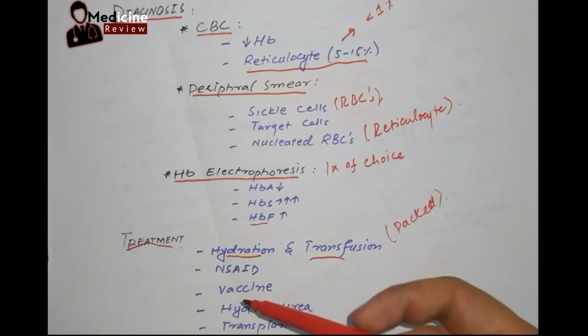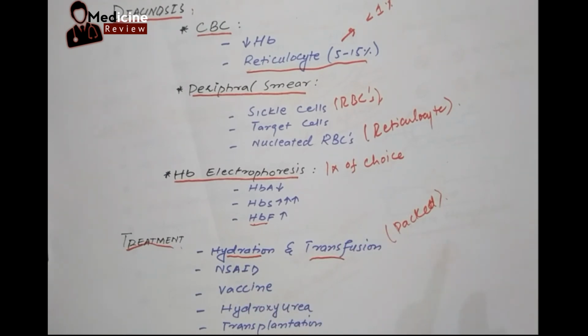Another is vaccine. In any disease, whenever there is autosplenectomy, or whenever the spleen is not working, we will give the vaccine for the encapsulated bacteria. Another is hydroxyurea.